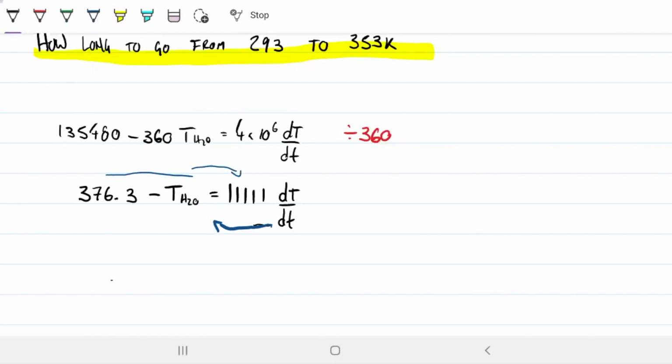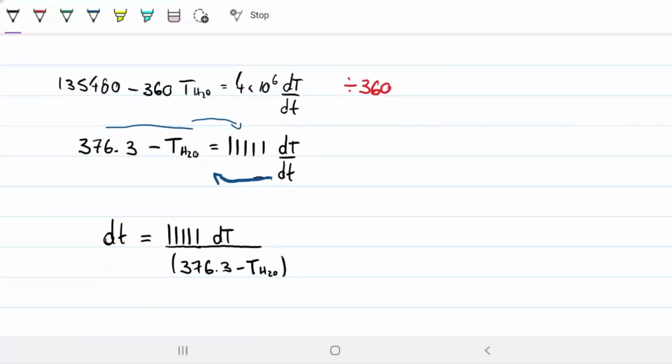So I'm going to have on one side simply dt, which is convenient because I'm looking for my time. And on the other side I have 11,111 times the differential for temperature divided by 376.3 minus my temperature at any given moment for this fluid.